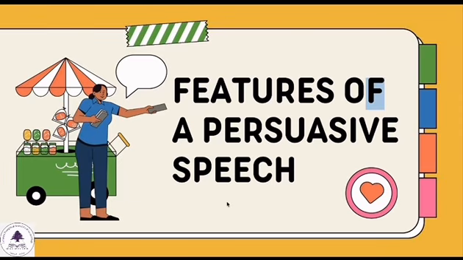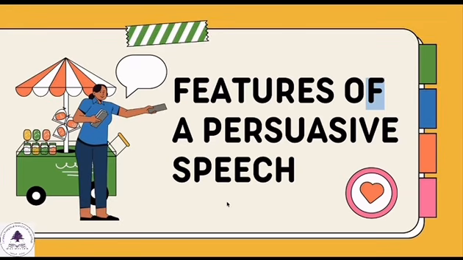I'm posting this video on Tuesday, and it's going to be about persuasive speech. You've already taken speech before, you have taken entertaining speech, and you have taken informative speech. Now, in the informative, if you remember, you had to tell a story, okay?